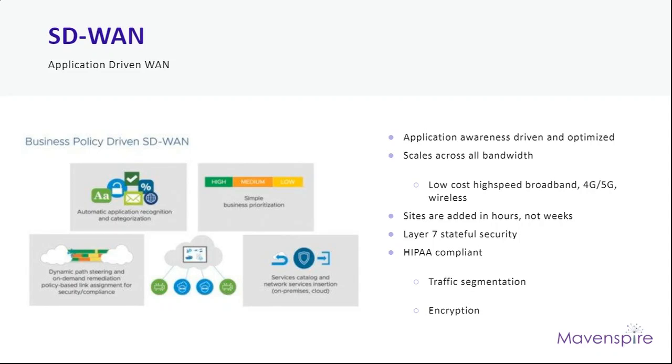So wouldn't it be great if you were able to allow any application to go on, and make those decisions within policy and prioritization, so that the application determines the WAN needs.